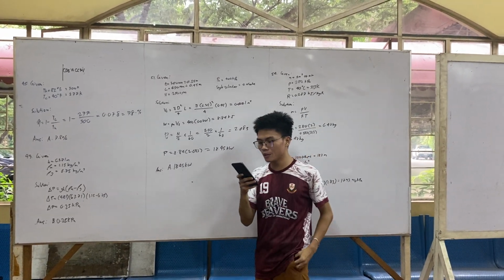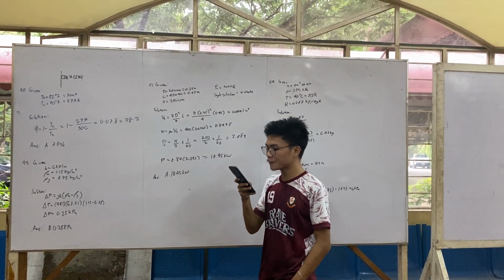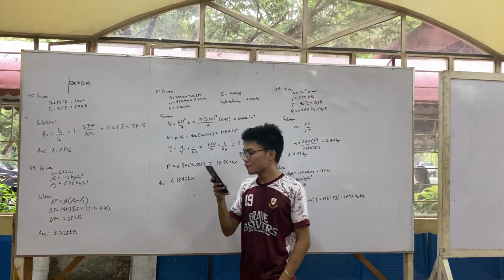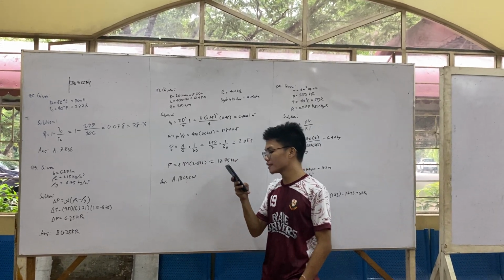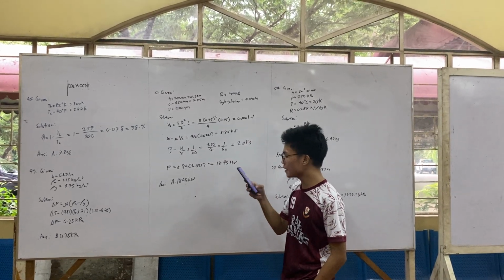A steam engine with a bore and stroke of 250 mm by 450 mm rotates at 250 rpm. If the mean effective pressure is 400 kPa, what is the indicated power developed in the cylinder?